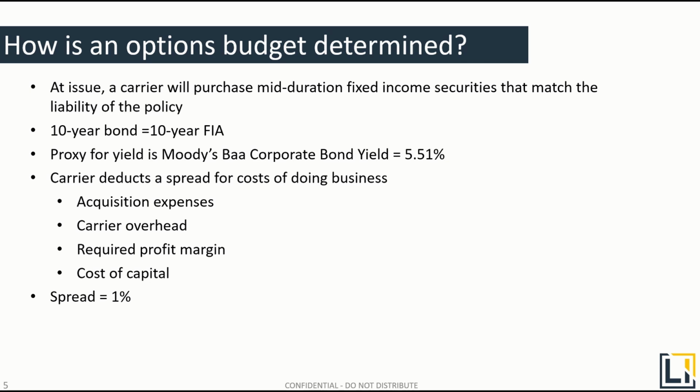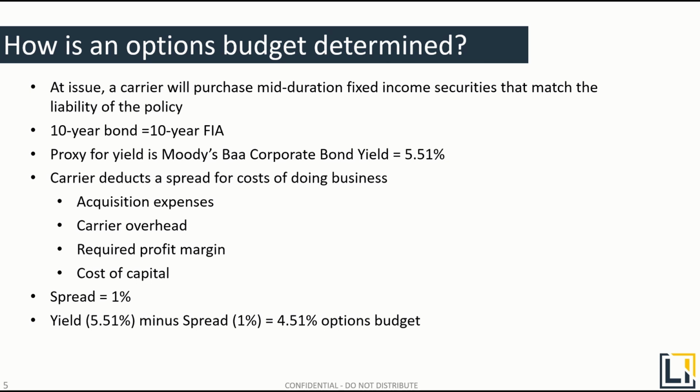So if we take the spread and subtract it from the yield, we have 5.51% minus 1% equals 4.51%. In a traditional fixed deferred annuity, that 4.51% would be paid out as a fixed interest credit. But in an FIA, the life insurer takes that 4.51% and uses it to provide index-linked exposure.